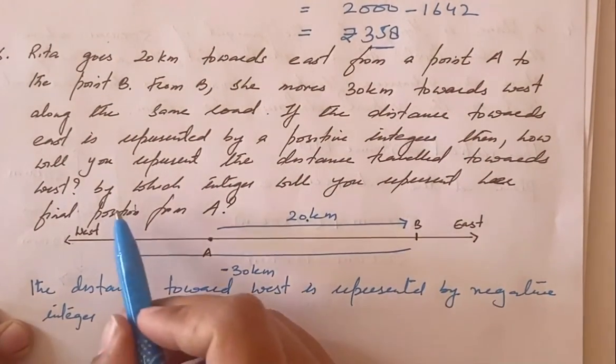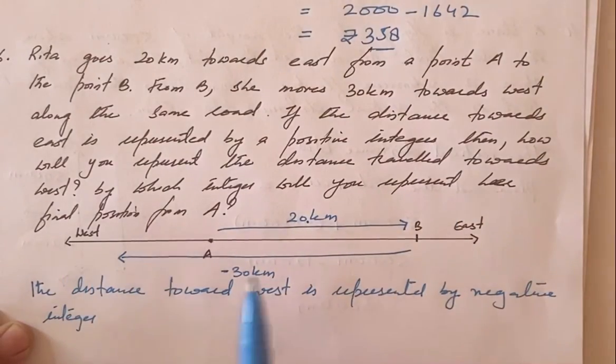So the next question is: by which integer will you represent her final position?